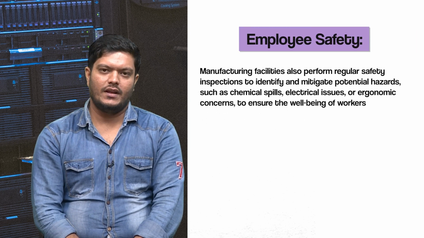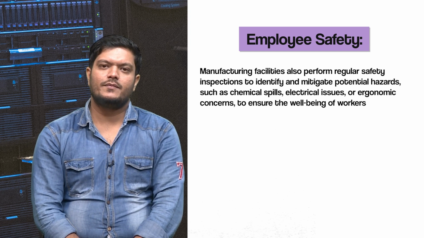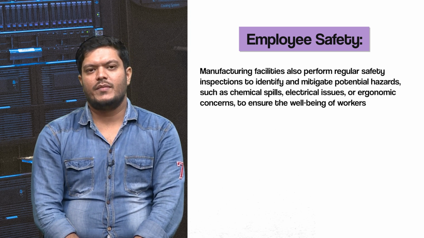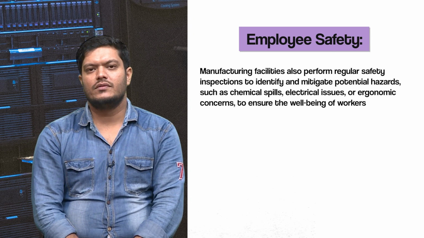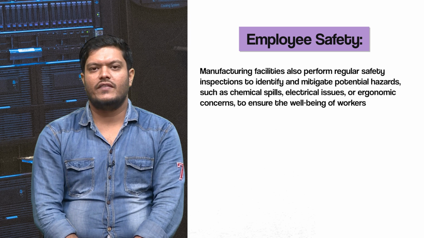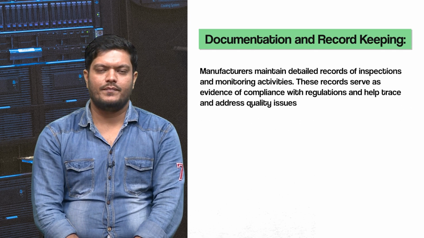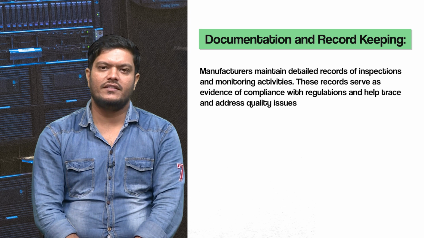Employee safety. Manufacturing facilities also perform regular safety inspections to identify and mitigate potential hazards such as chemical spills, electrical issues, or ergonomic concerns to ensure the well-being of workers. Documentation and record keeping. Manufacturers maintain detailed records of inspections and monitoring activities.